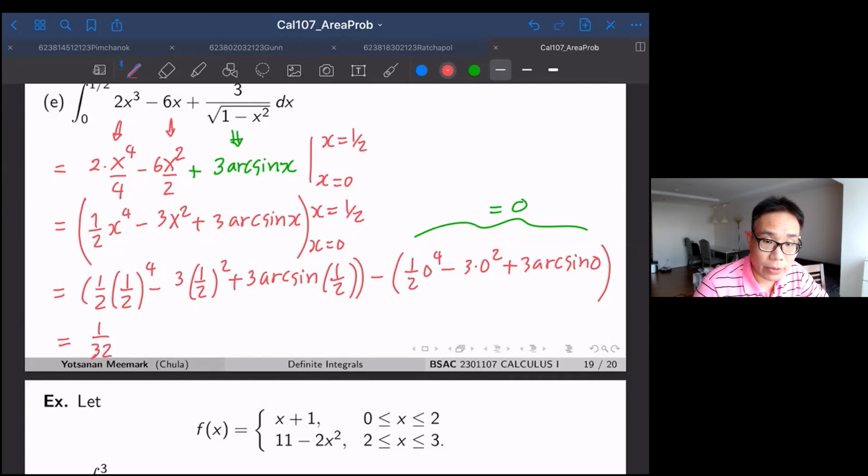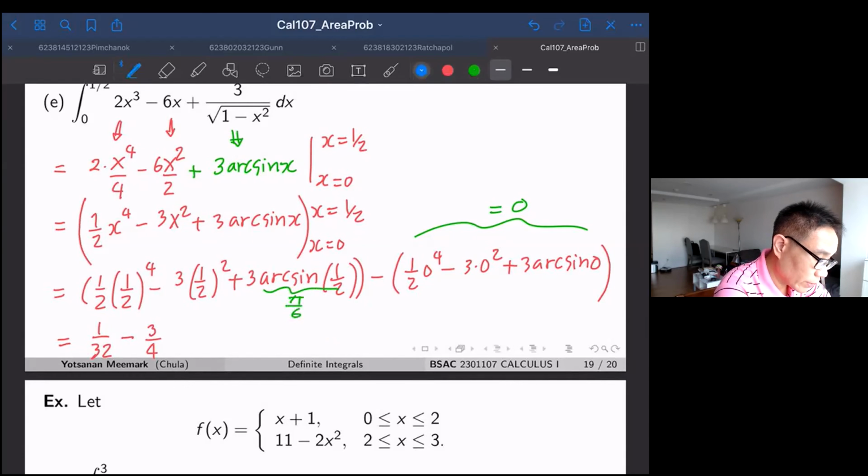And you have 3 over 4, and you have arcsin of 1/2, which is pi over 6. So it's going to be plus 3 times pi over 6.